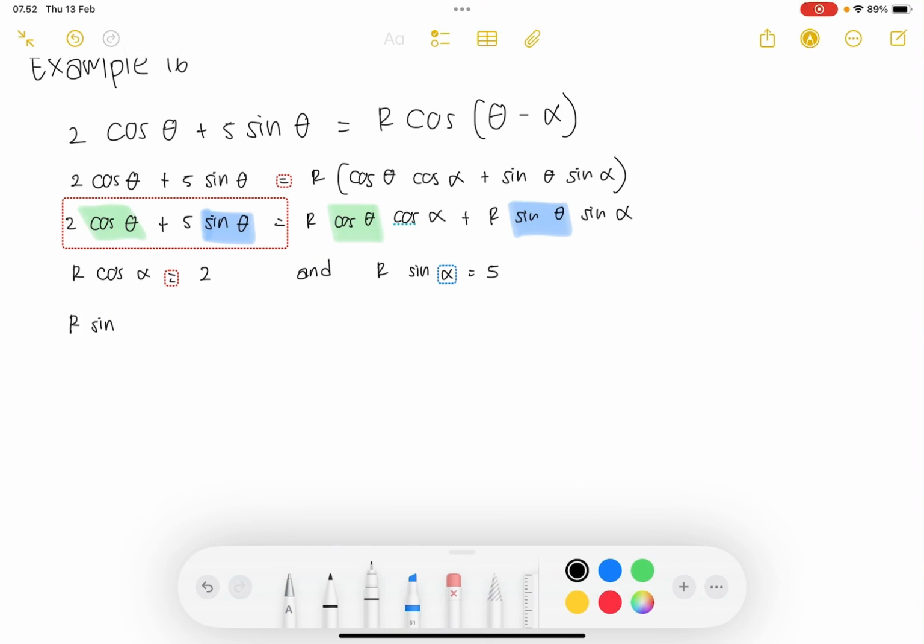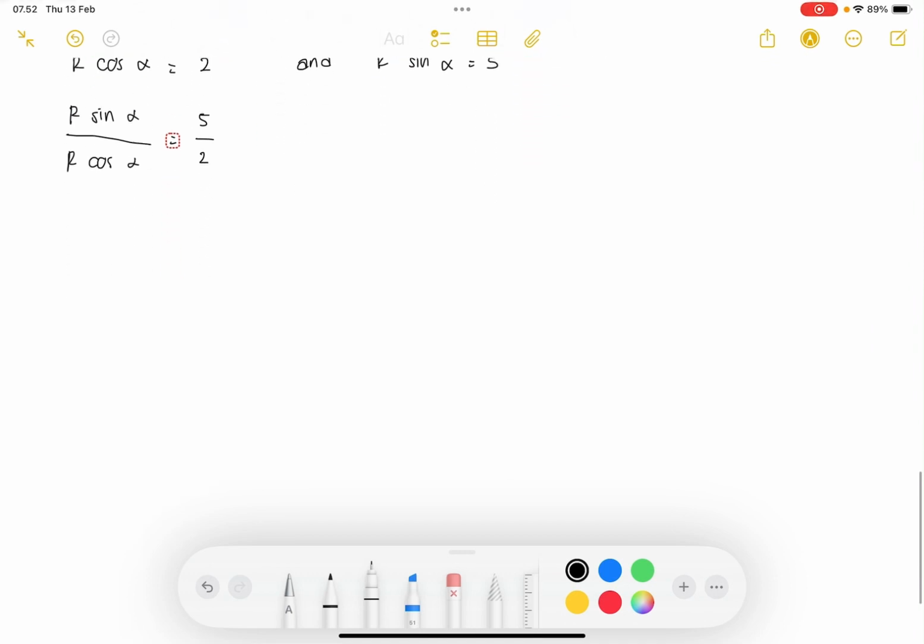Okay, so later on, you will find out r sine alpha over r cos alpha here will be 5 over 2. So this gonna be cancelled.